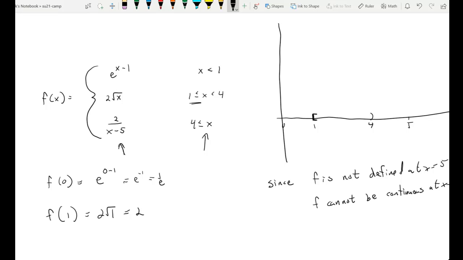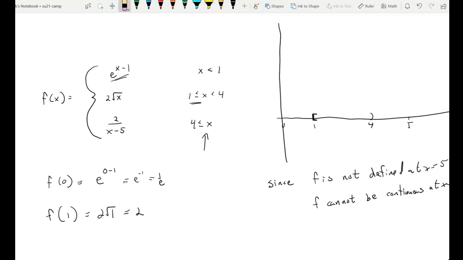Okay. Now, what are the other possible trouble spots? What are the other possibilities for when we have a break in the graph of our function? Well, that could happen as we go from one piece of our piecewise function to another, right? Nothing says that if you graph this piece on its interval and then this piece on its interval, you'll have a connected graph.